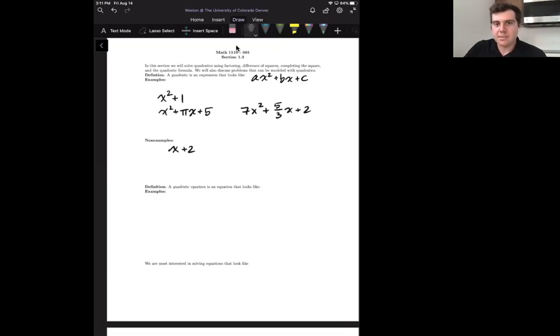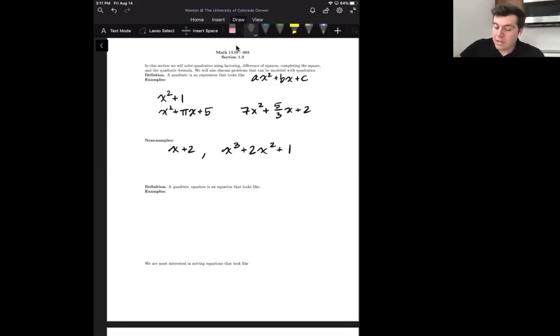So therefore, x plus 2 is not a quadratic. x cubed plus 2x squared plus 1 has the x squared term in it, but it also has an x cubed. We're not allowed to have any powers higher than 2 in a quadratic. So therefore, this expression is not a quadratic.